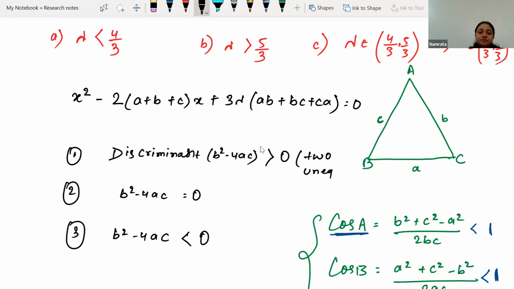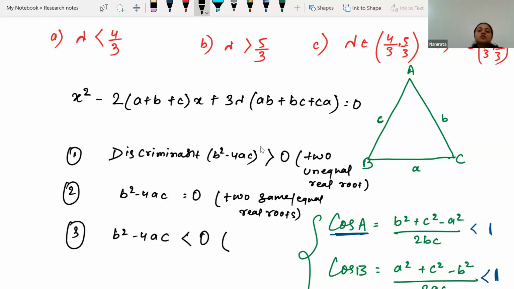If discriminant is equals to 0, then this quadratic equation will have two same real roots. And if discriminant is less than 0, then this quadratic equation will have no real roots.